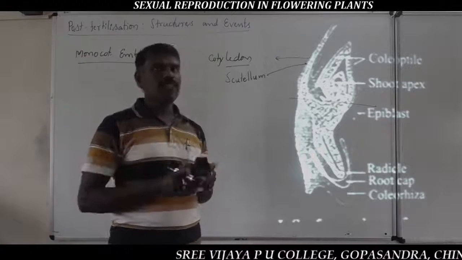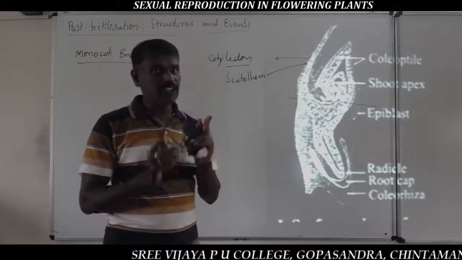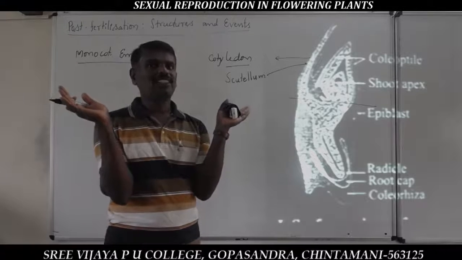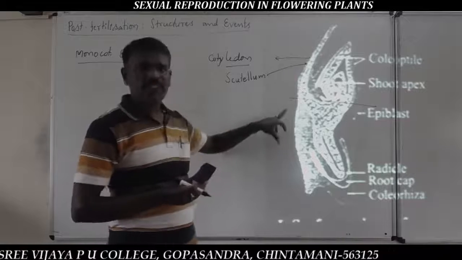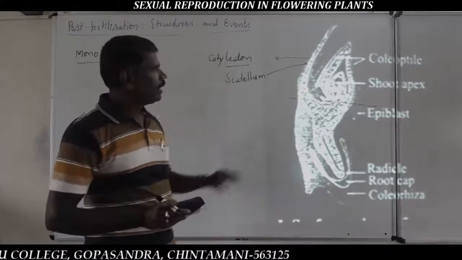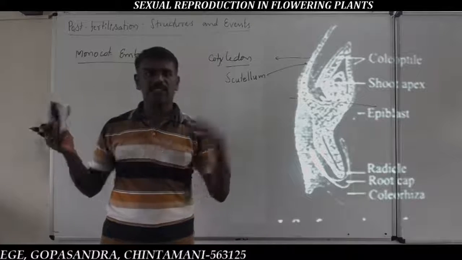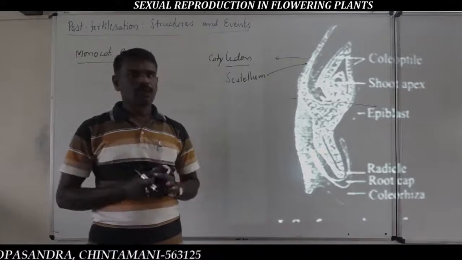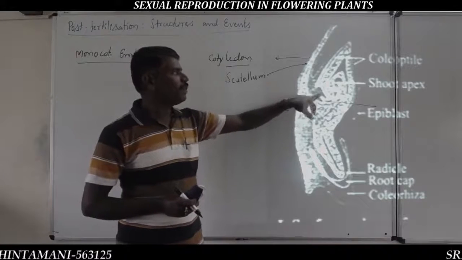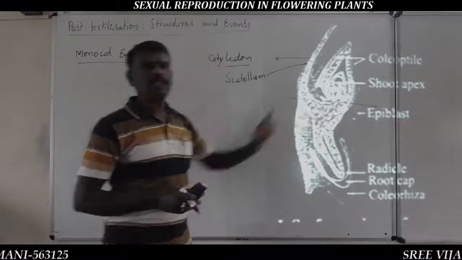In the dicot embryo there are two cotyledons, present on both lateral sides. But the monocot embryo consists of a single cotyledon, present on any one lateral side.